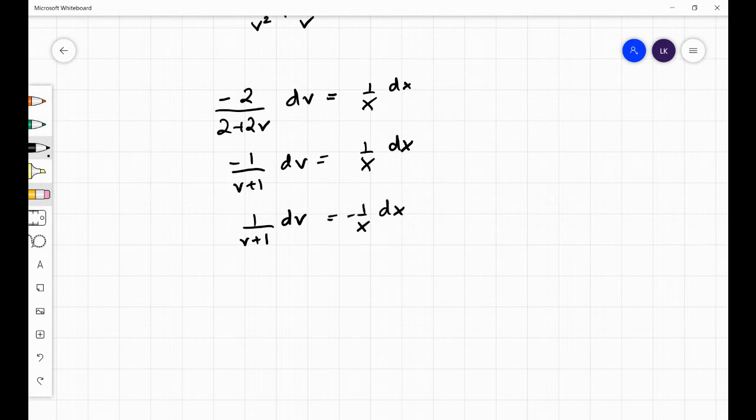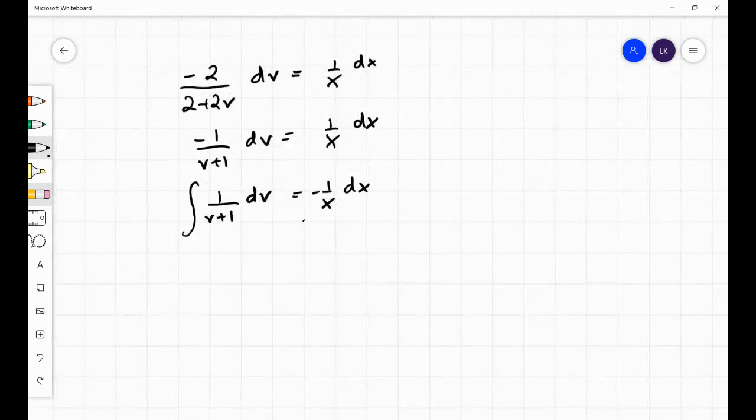Okay, so now we've separated the variables, we can find the antiderivative of both sides. We get log of the absolute value of v plus 1 on the left. We get minus log absolute value of x plus a constant of integration on the right.